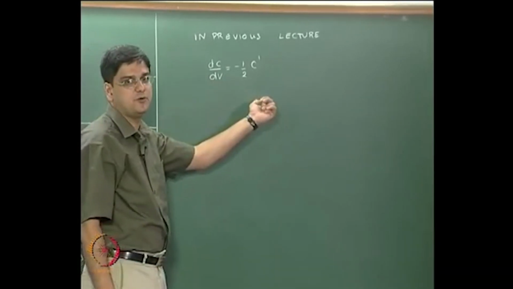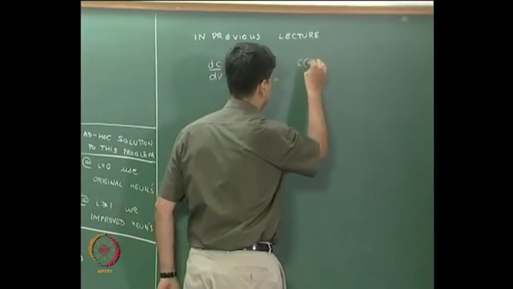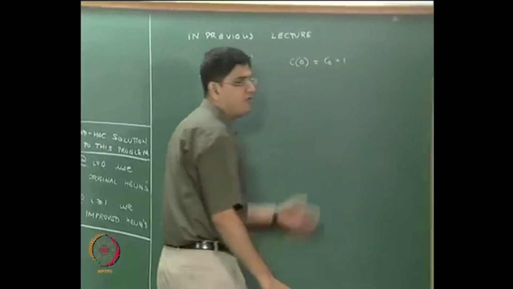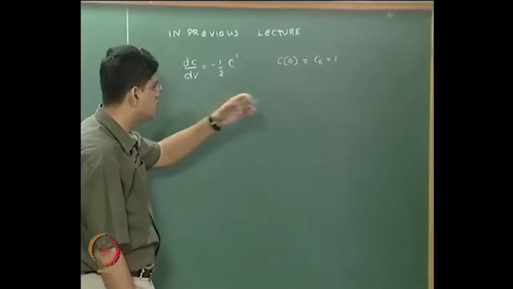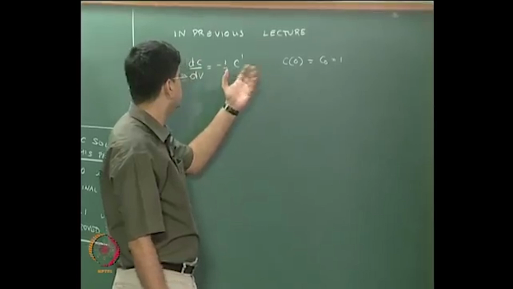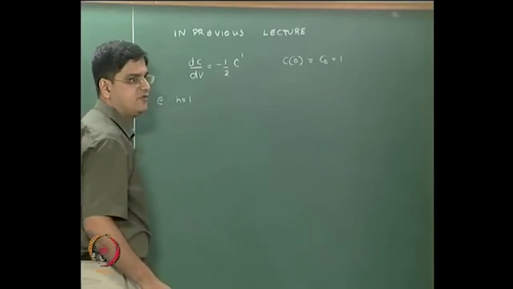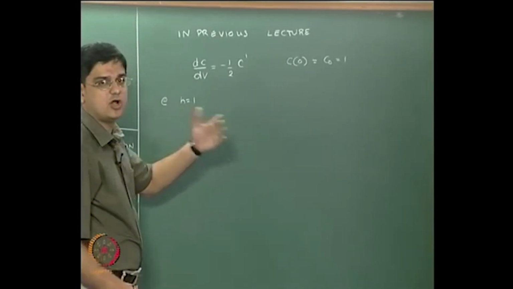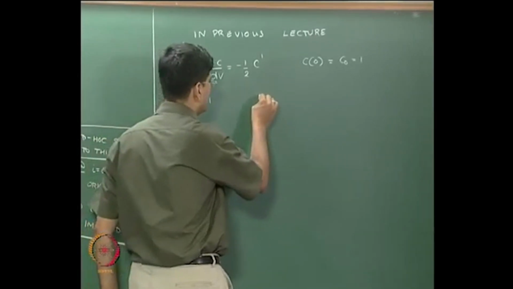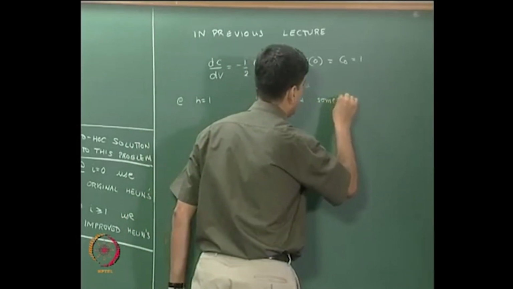Starting with C at 0 equal to C0 equal to 1 unit, we solved this particular problem at h equal to 1 and we got a stable solution. The solution was not very accurate using Euler's method, but at least it was stable. We got concentration C at 5 as some finite value.